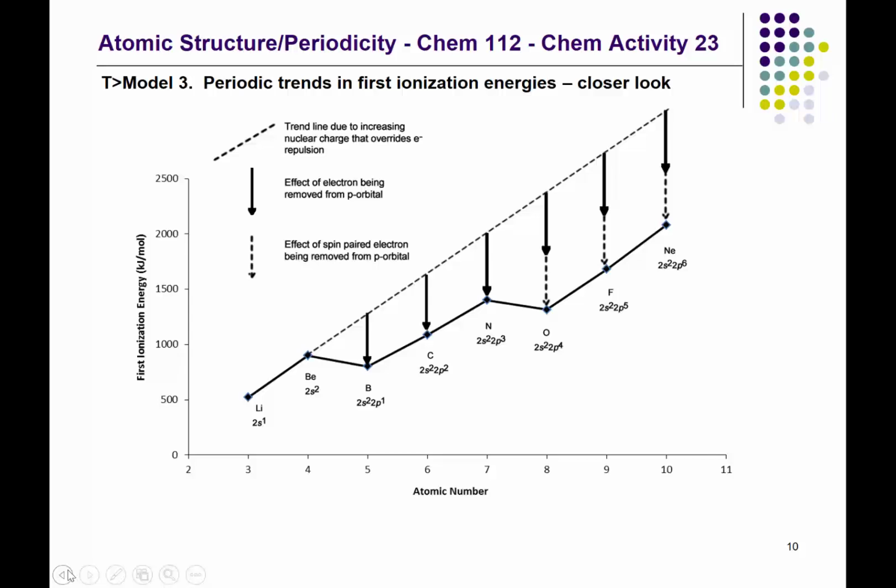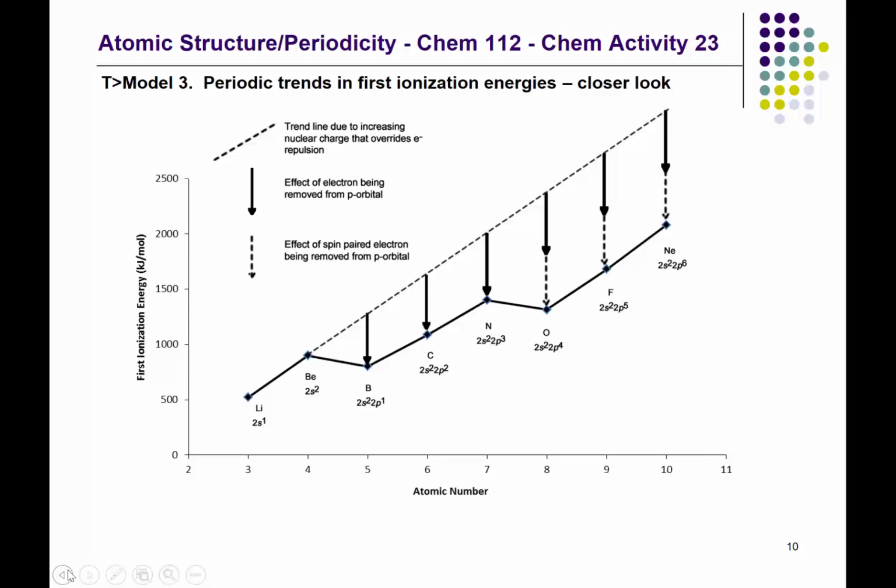And in a sense, that's what would happen if all the electrons being removed were from the same subshell, let's say all from the s orbitals. Of course, that's not quite possible because we don't have enough room in the s orbital. In going from beryllium to boron, you see that the electron will be removed from a p orbital, as is true for carbon, as is true for nitrogen.